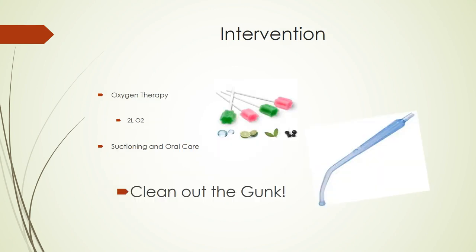Interventions, there's oxygen therapy. Patients that are COPDers tend to live around 89, 90% with 2 liters, and again, that's normal for them. So that's their therapy. Patients who come in with pneumonia or acute illnesses, you can put them on oxygen just to supplement and make them feel more comfortable, but then you want to wean them off as fast as possible.